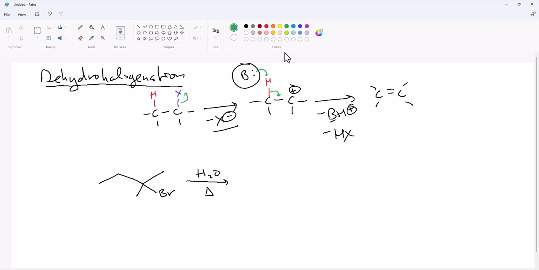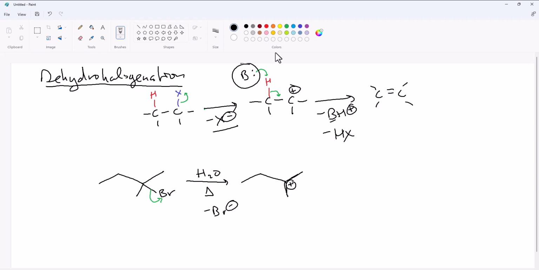The first step of the reaction would be loss of the bromide, and we form this tertiary carbocation. Now, as you can see, we have an option of where to form the double bond. We could form a terminal double bond or an internal double bond.